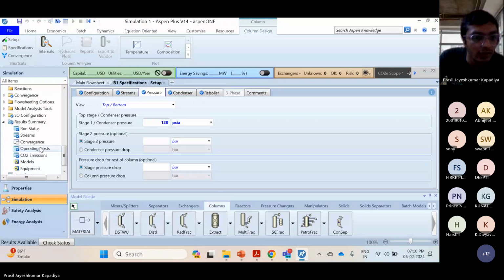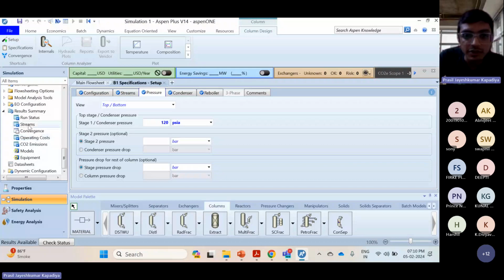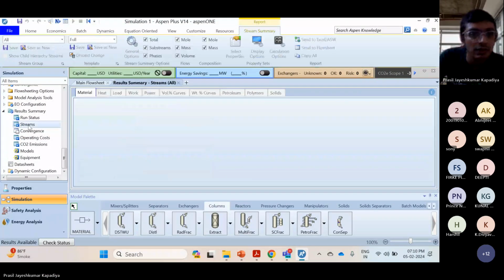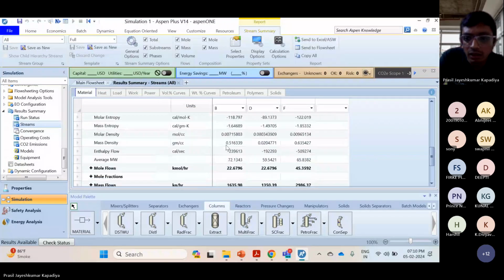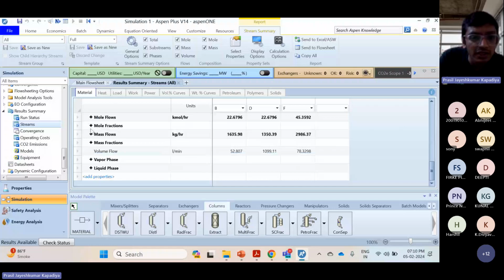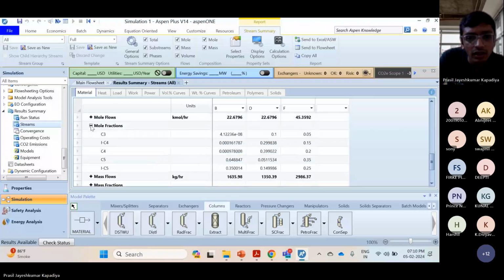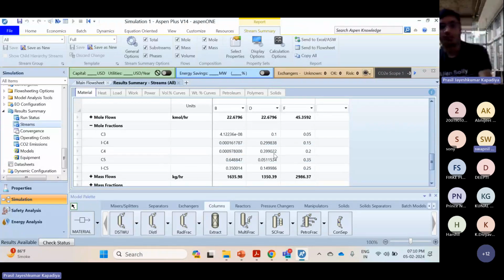So streams. Mole fractions. Yeah, we are getting some values. Now, this is what we will obtain if our Murphree tray efficiency is 100%.